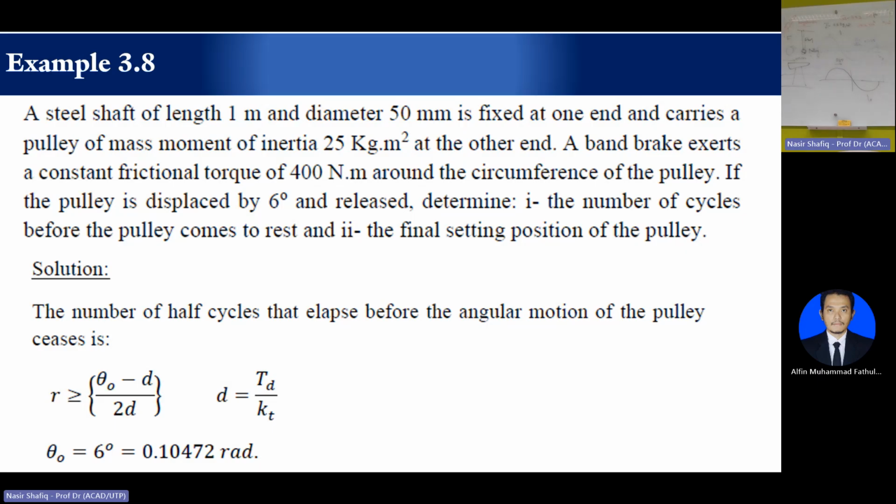The steel shaft has a diameter of 50 mm and is fixed at one end and carries a pulley of mass moment of inertia at the end. Actually, J we will calculate, not take as mass moment.